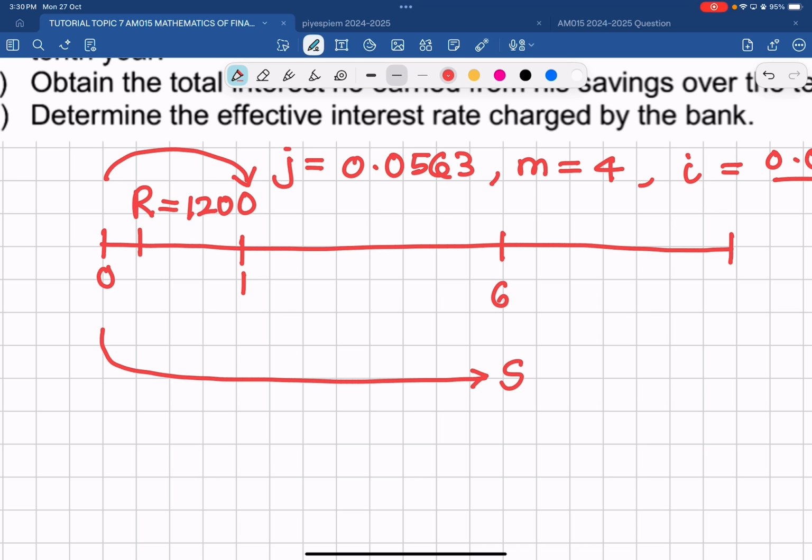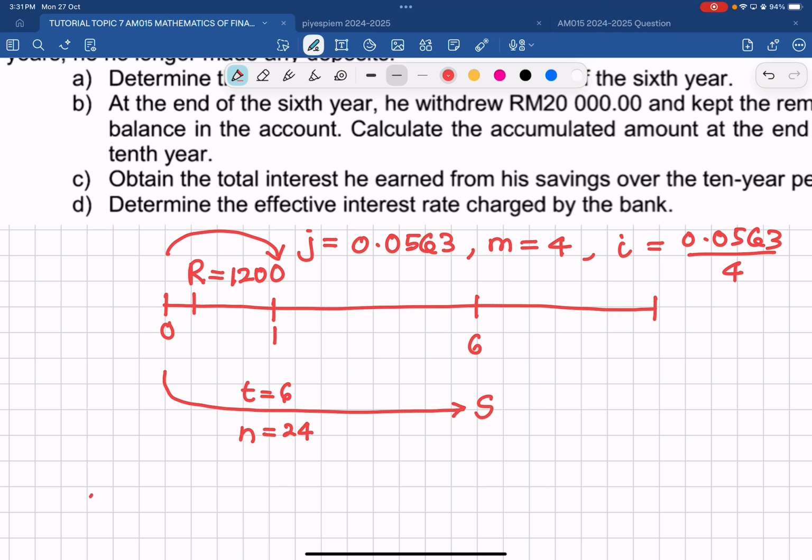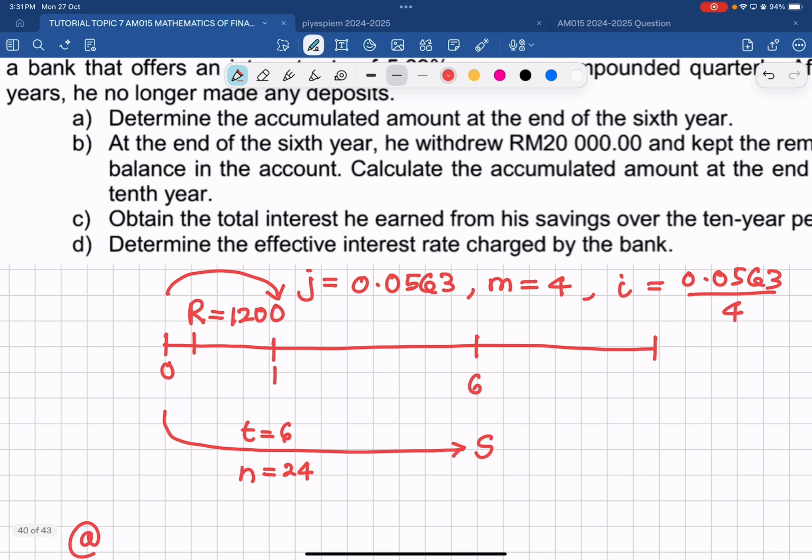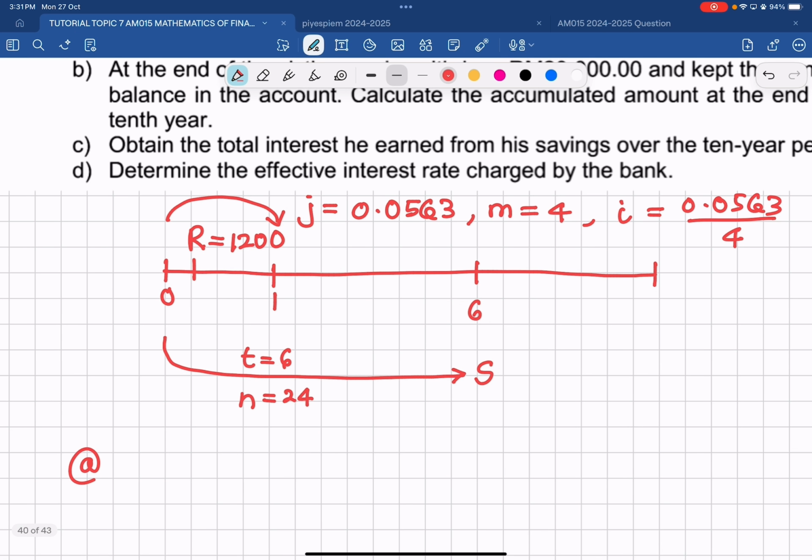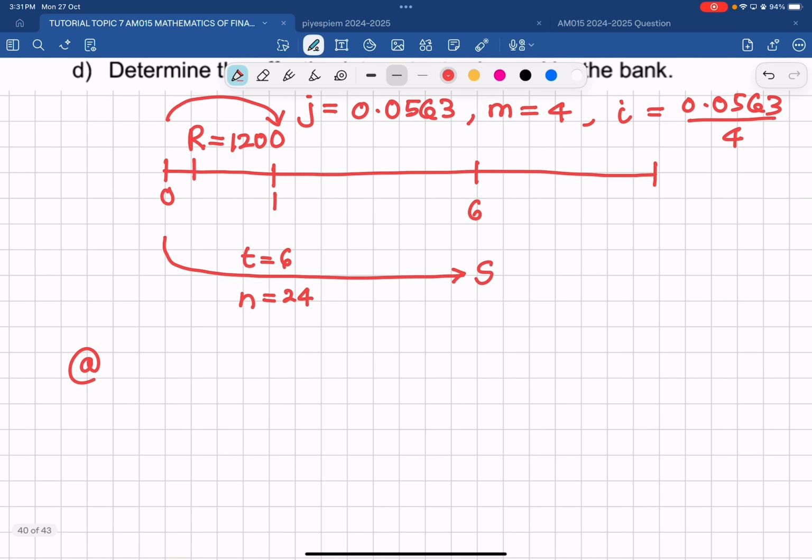So boleh cari apa dekat situ tu? T dia 6. N dia berapa? 6 darab 4, 24. Okay, untuk soalan A, determine the accumulated amount at the end of 6 years. Kita akan cari future value annuity. Ingat formula. S, SN, atau S24 pun boleh.